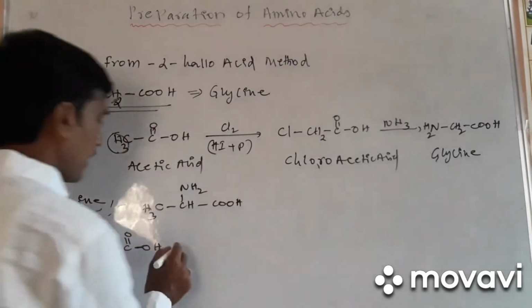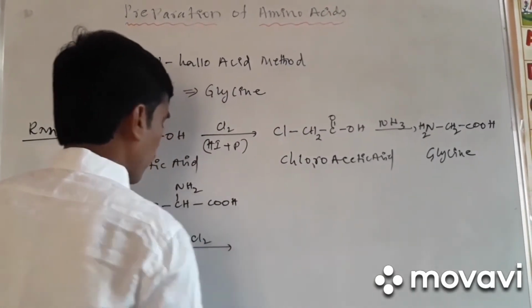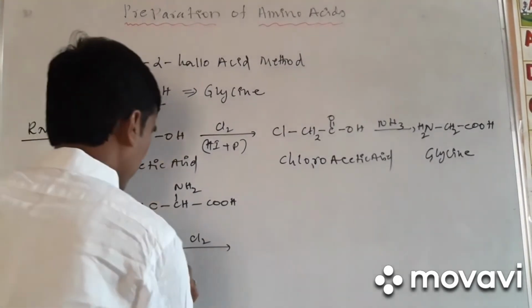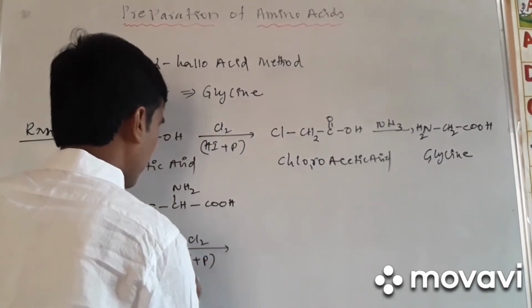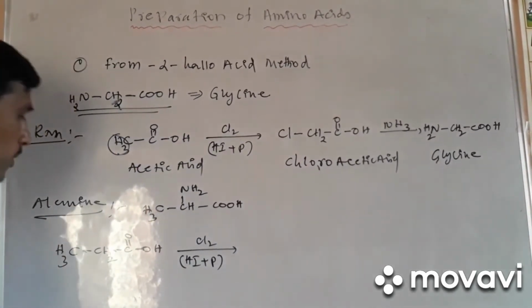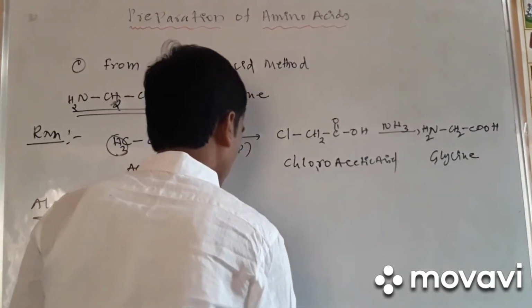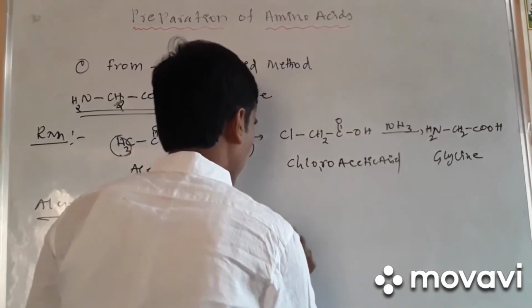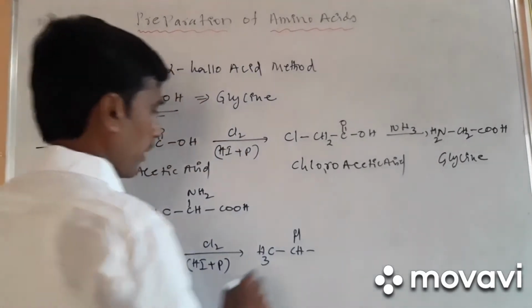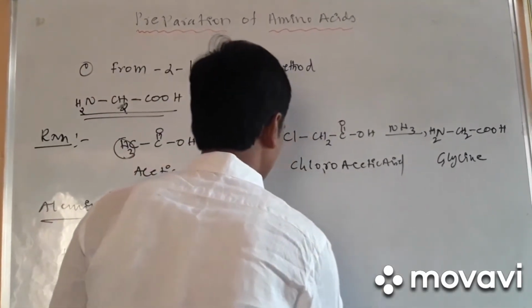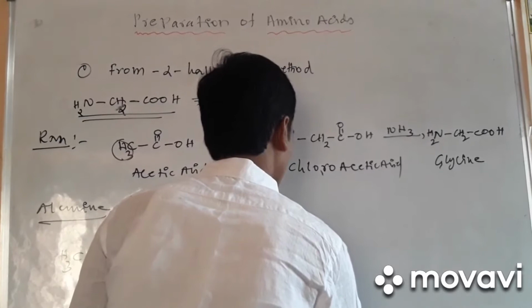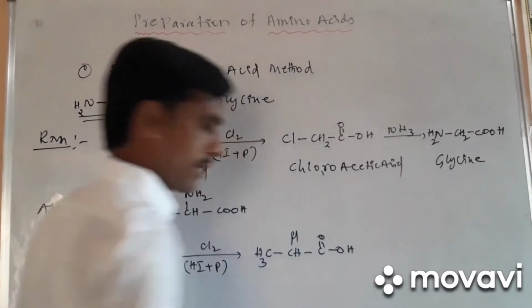This propanoic acid reacts with chlorine molecule in the presence of hydrogen iodide and phosphorus mixture to produce chloropropanoic acid, CH3CHClCOOH.